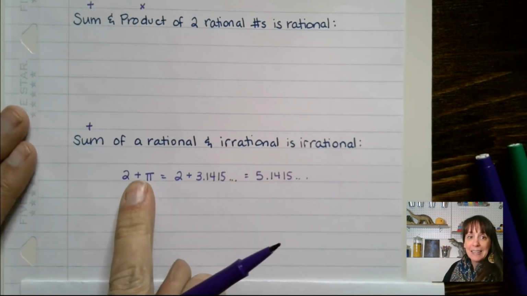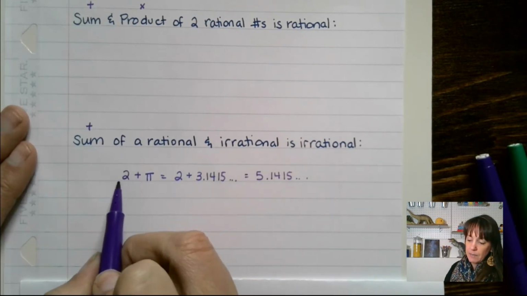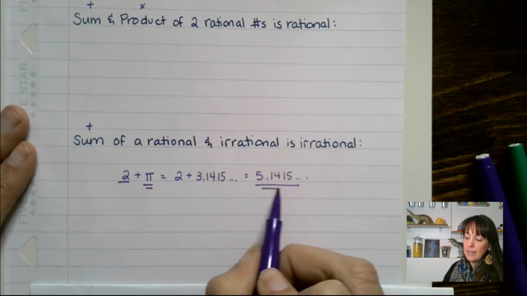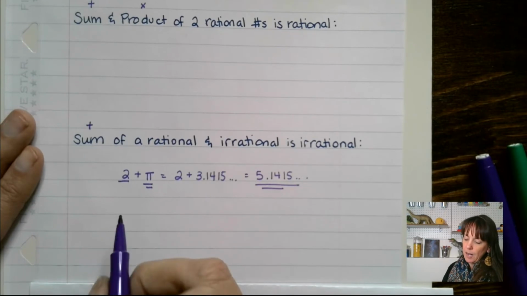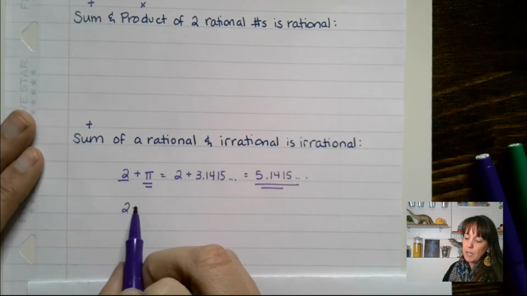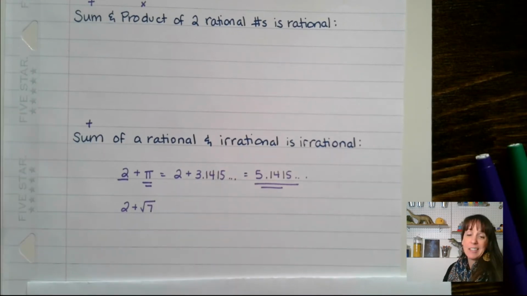So if I'm adding a rational number, that's this guy, and an irrational number, I'm getting out an irrational number. Same with if I did 2 plus root 7. If I did the math on that to find the square root of 7, it's like 2.65.